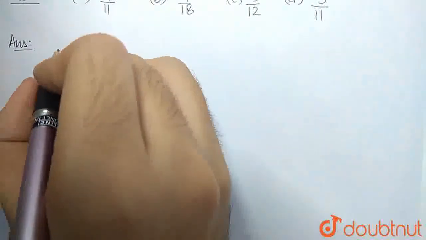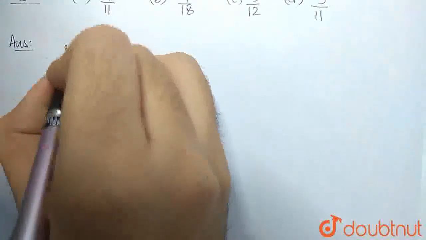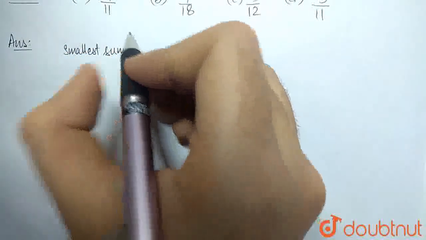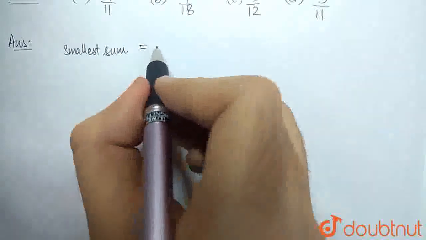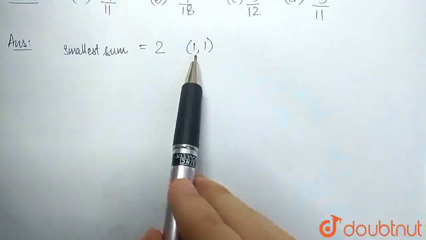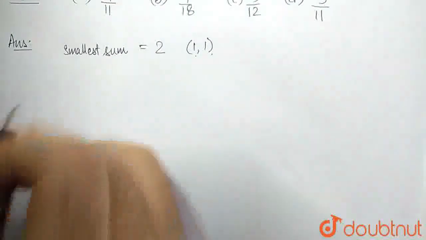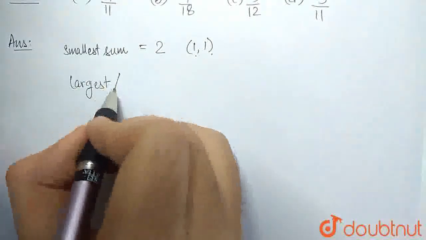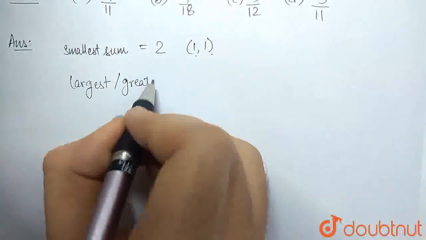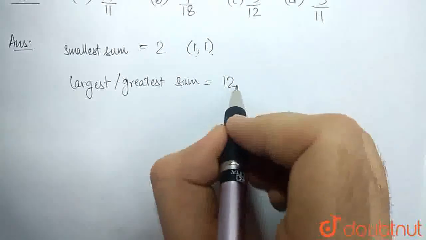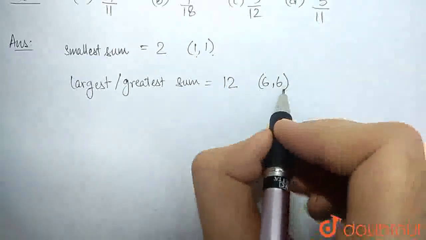Right? So the smallest sum that we can get when we throw 2 dice is 2. Right? The smallest outcomes on both, which means 1, 1. So we get 2. Similarly, the greatest sum that we can get is 12, the maximum on both dice.